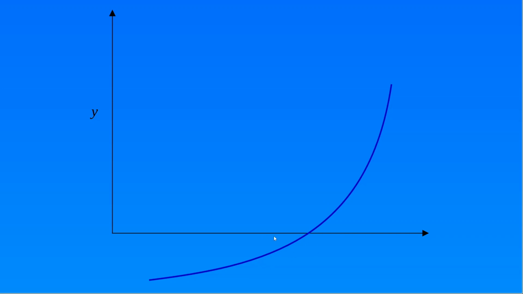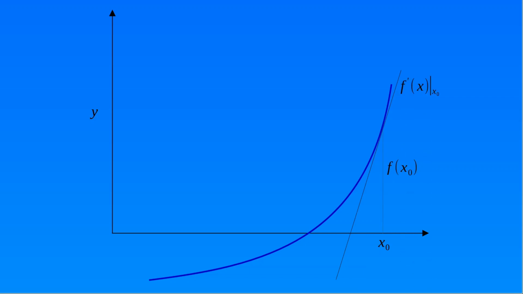We take a point which is towards the right hand side of the curve. To start with, we take a point x0 and we find the value of the equation at x0. So this is going to be f of x0. Now at this very point, we draw a tangent.